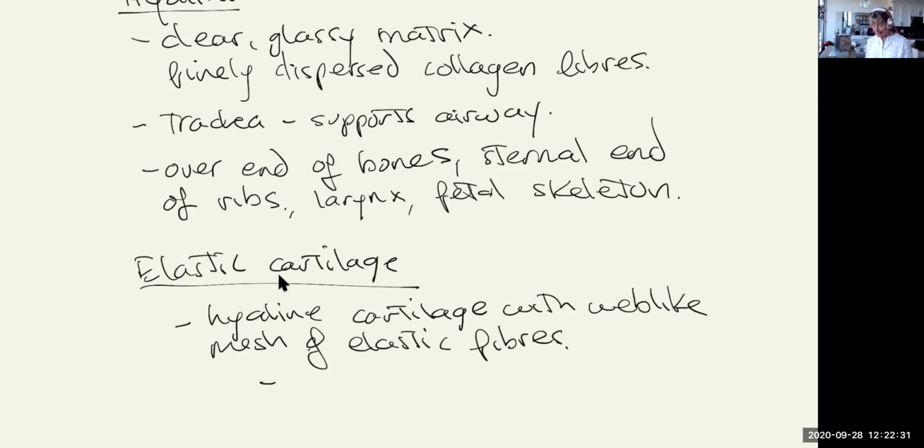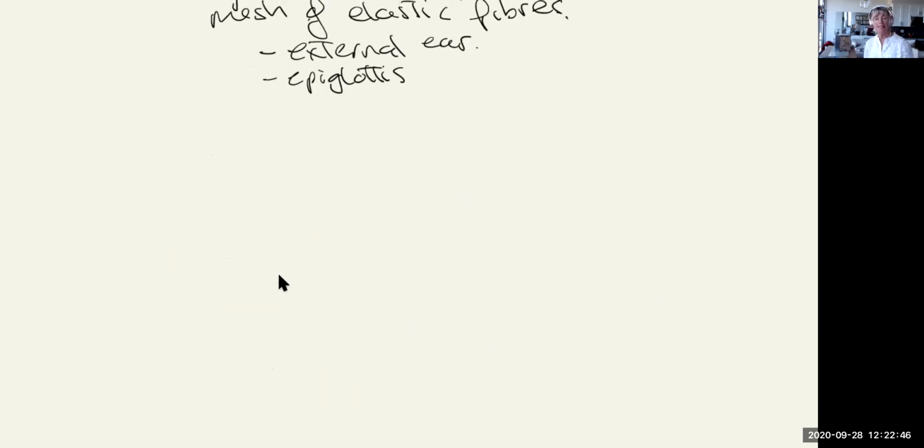So you'll find that on your external ear. It has its support, but it's also quite flexible. And the epiglottis, the structure that closes the airway when you eat and closes your esophagus when you breathe.